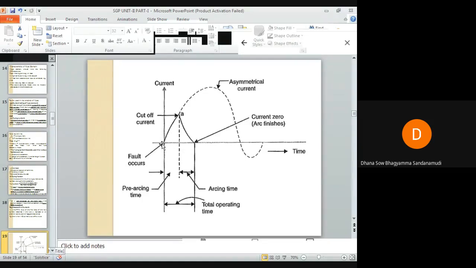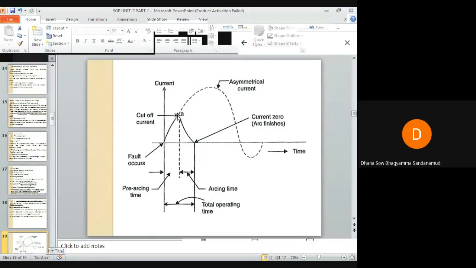See, initially the fault current has started from this instant. You can see I have written here, fault occurs. From this instant, the fault current is gradually increasing. As the fault current increases, the temperature of the fusing element is also gradually increasing.